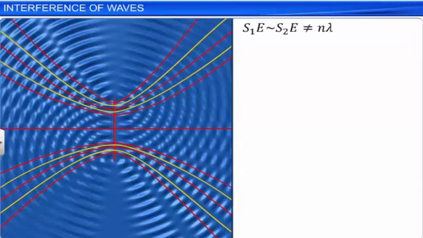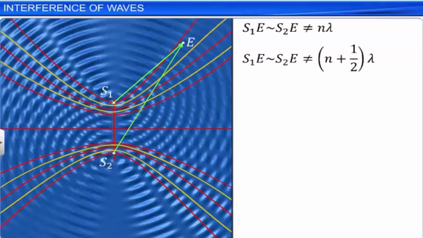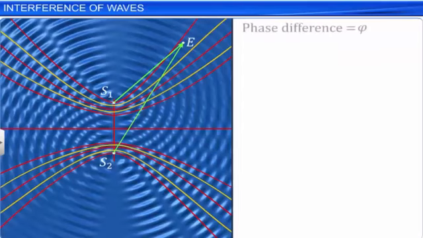Consider an arbitrary point E such that the path difference between S1E and S2E does not satisfy the condition for either constructive interference or destructive interference. Let the phase difference between the displacements caused by the two waves at the point E be phi. At the point E, if the displacement caused by the waves produced at the source S1 is represented by y1 is equal to a cos omega t, then the displacement caused by the waves from S2 will be y2 is equal to a cos omega t plus phi.